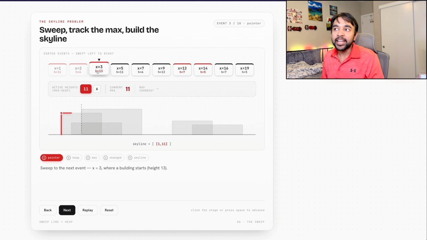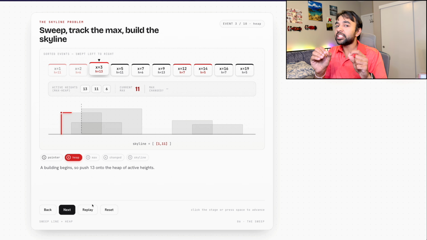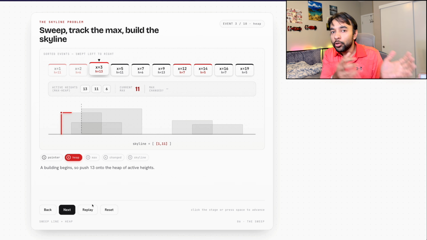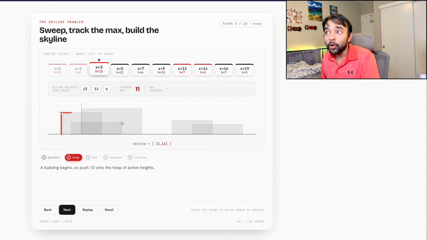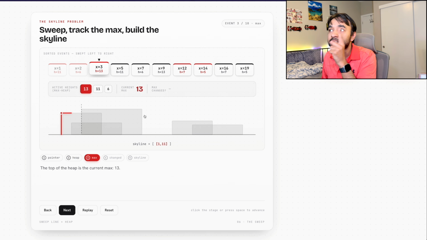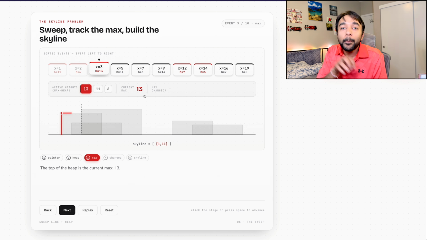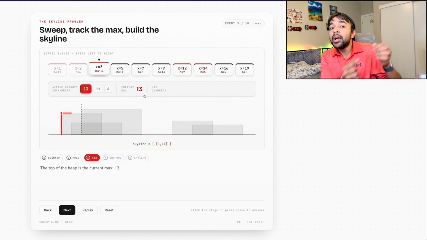Now look at the next event. X equals to 3. At 3, the height changes to 13. So the first step is you add this height to your heap. Now you want to look, okay, what is my maximum height now? The maximum height is now 13. This is why max heap comes in very, very handy. A max heap gives you the maximum value in order of 1 time.